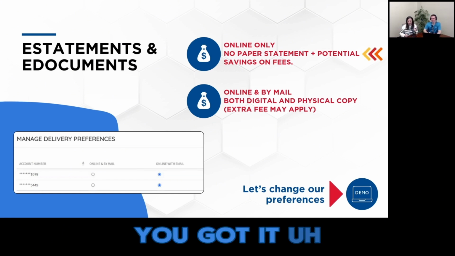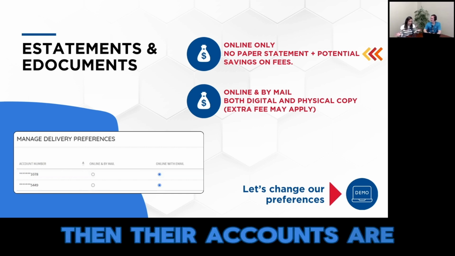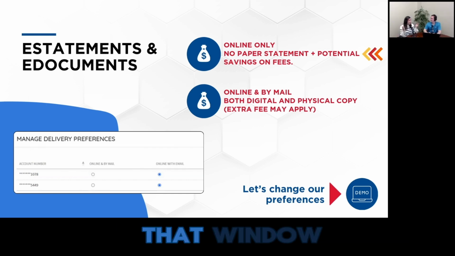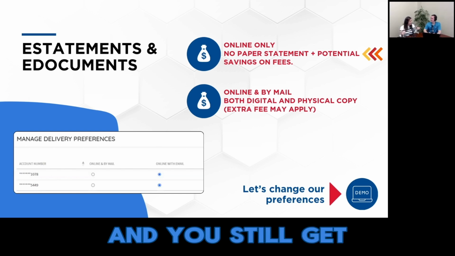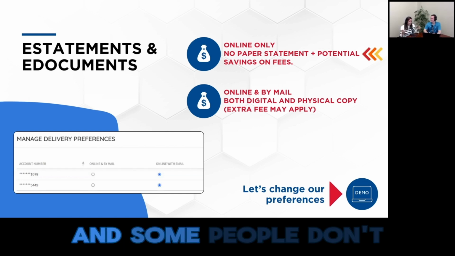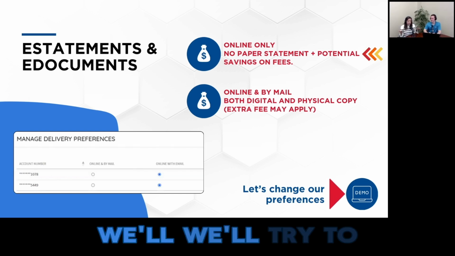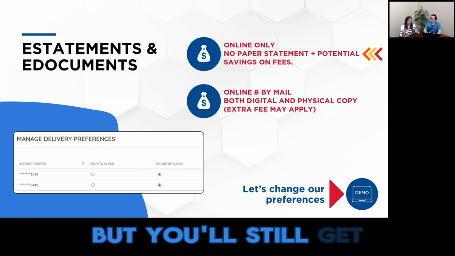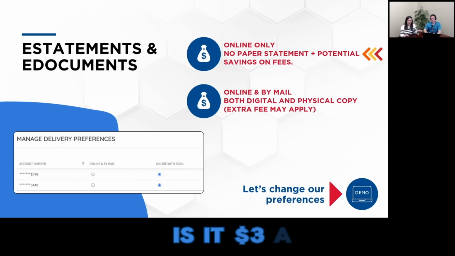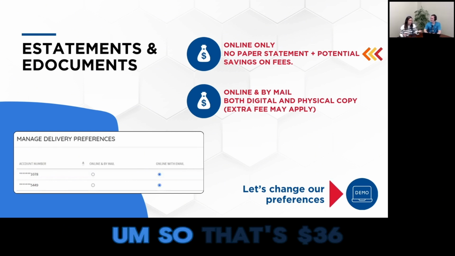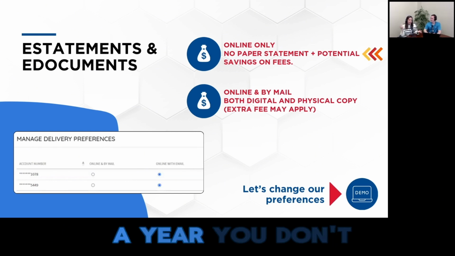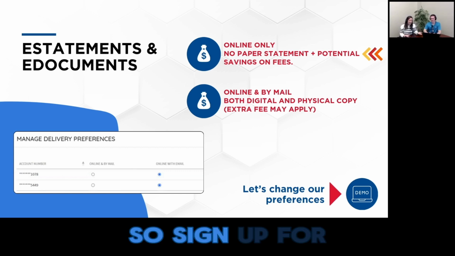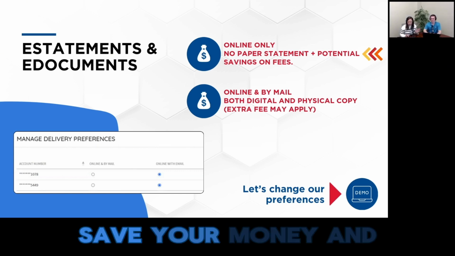Then their accounts are automatically free. But if you're in that window and you still get paper statements, and some people don't even notice that it's happening, we'll try to let them know if we notice it. But you'll still get charged. I think it's $3 a month? So that's $36 a year you don't need to spend. So sign up for eStatements and save your money.